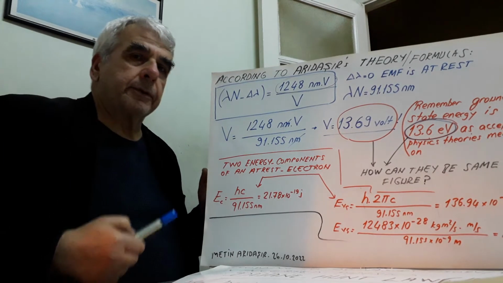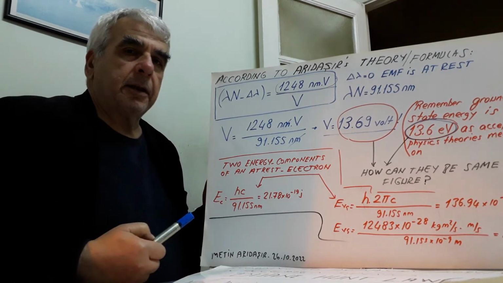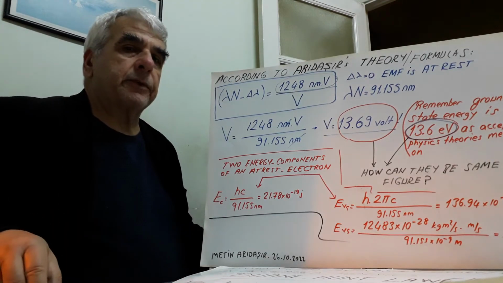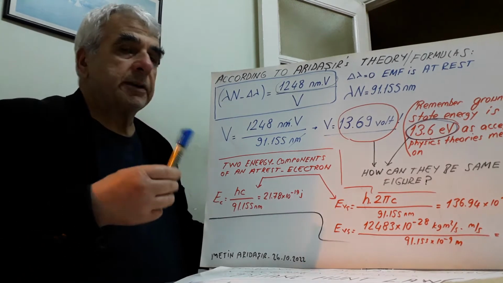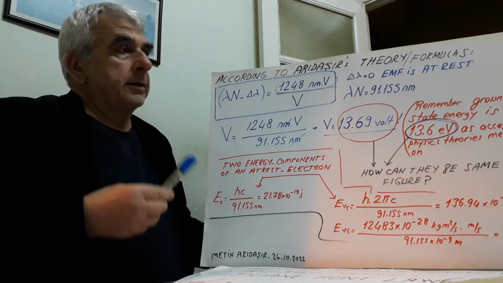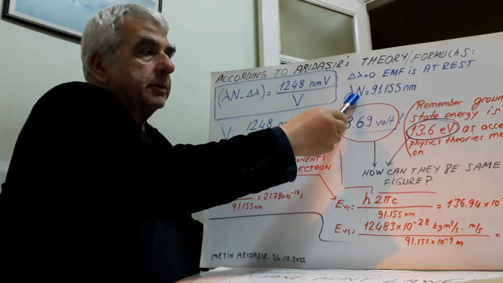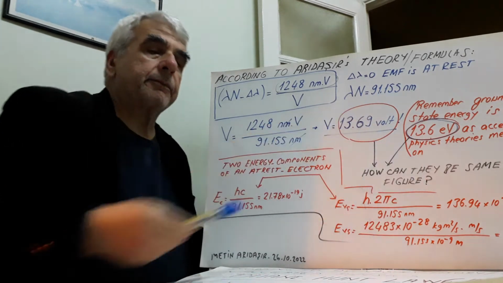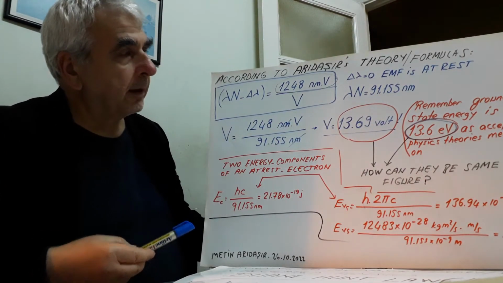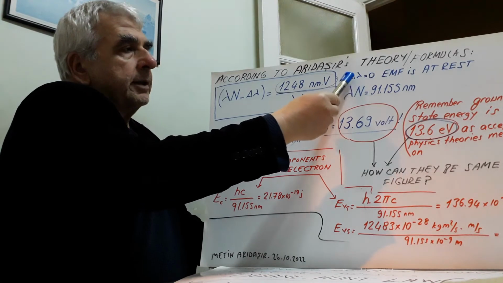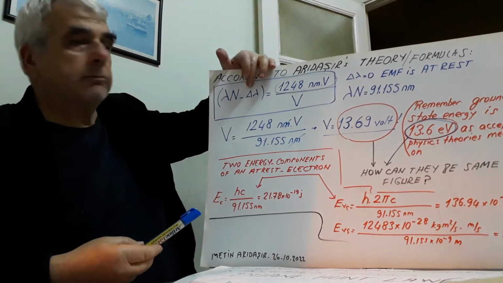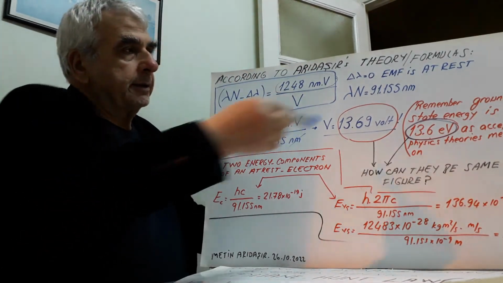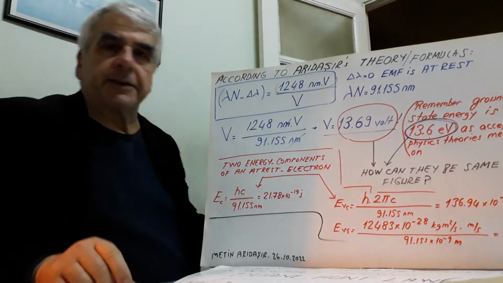Now, remember, for all our atoms, we have the main electron motion form's wavelength, and it is initial and not disturbed. Its lambda normal wavelength is, remember, 91.155 nanometer. Say delta lambda is equal to 0. If delta lambda is equal to 0, it means that the electron motion form is at rest.